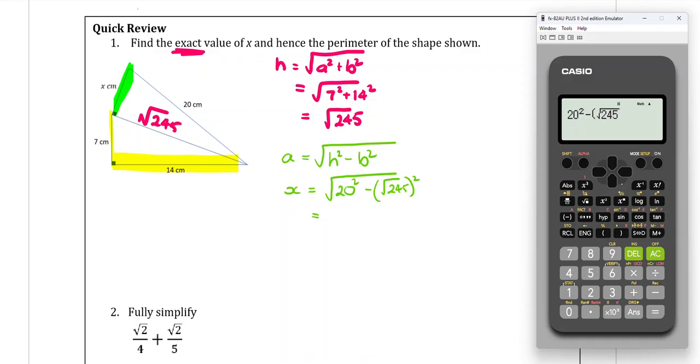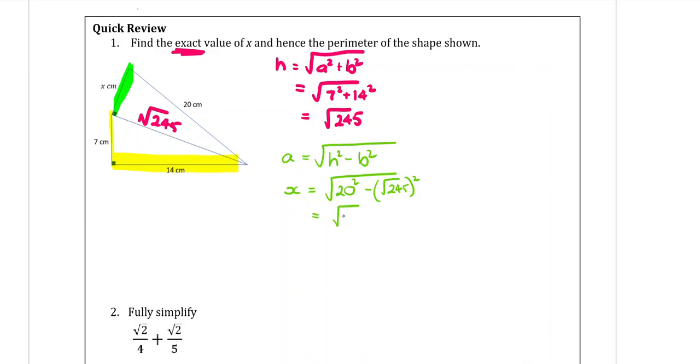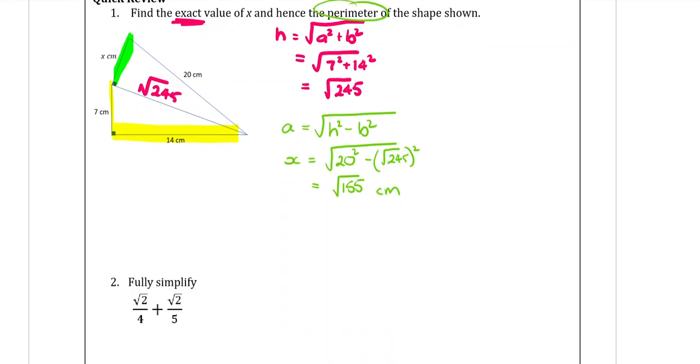Now just remember that the squared and the square root will undo each other, but the calculator will take care of that, and we get 155. Square root of 155. If I could simplify that surd further, I would, but that's as much as we can do. So that will be the exact value of x measured in centimeters. We now need to find the perimeter of the shape.